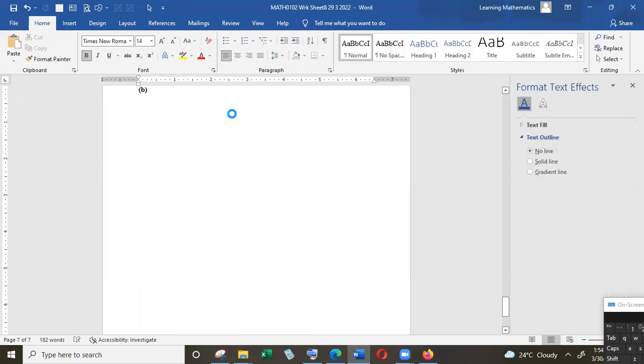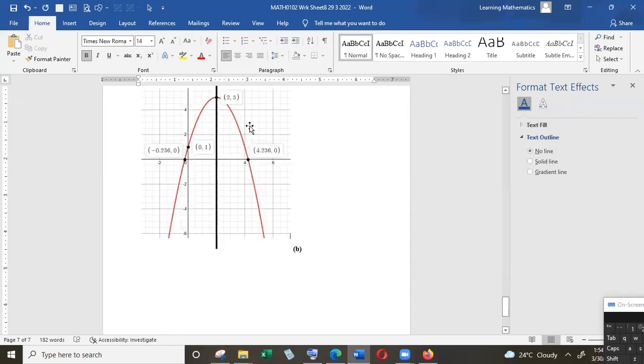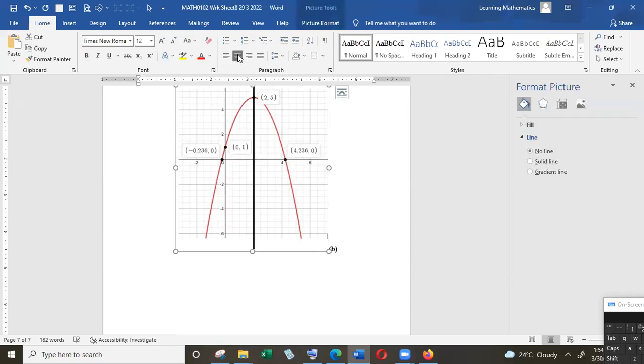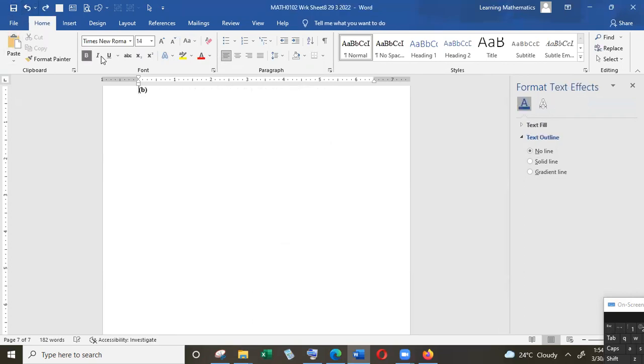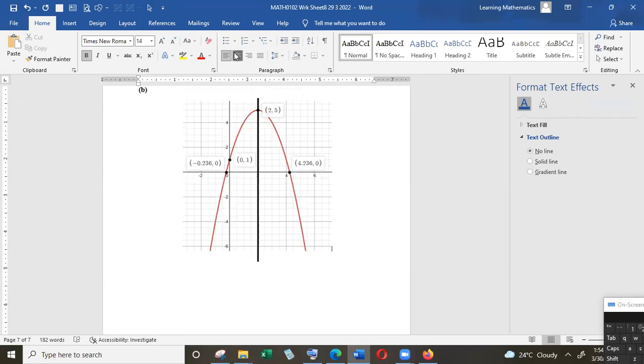So you snip it, then you have one image. You can paste it back, as you can see. Right, so now that's B. Let's go in front of B. Right, good. Now the equation of the line of symmetry.